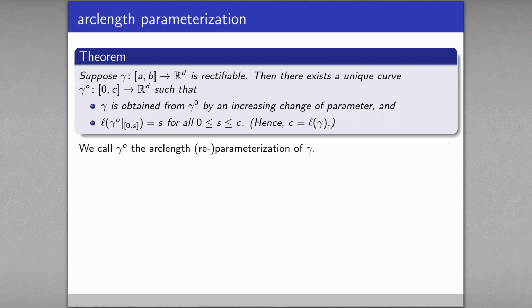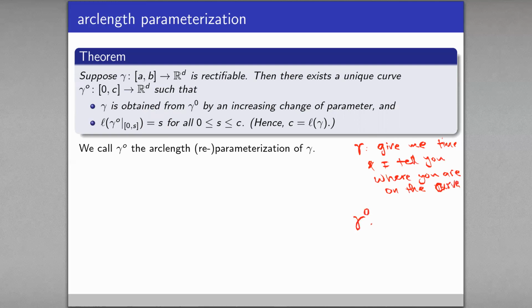So another way of looking at this is that gamma says, give me time, and I tell you where you are on the curve, on the image of the curve. So let's abuse this notation.